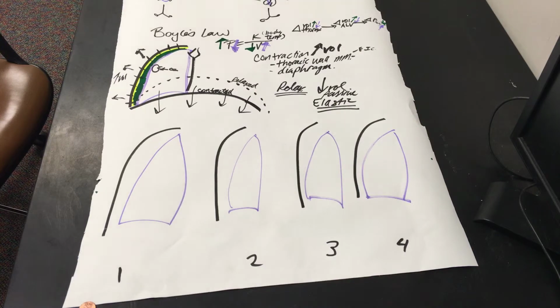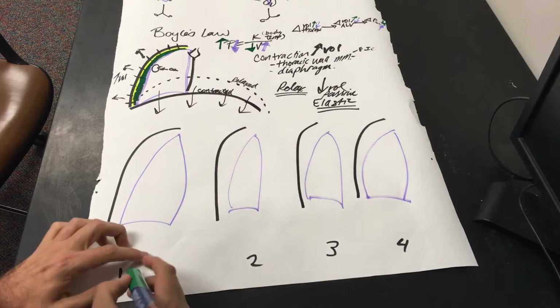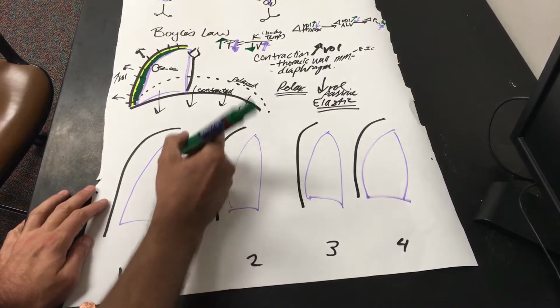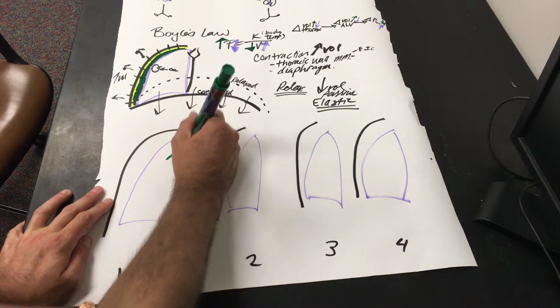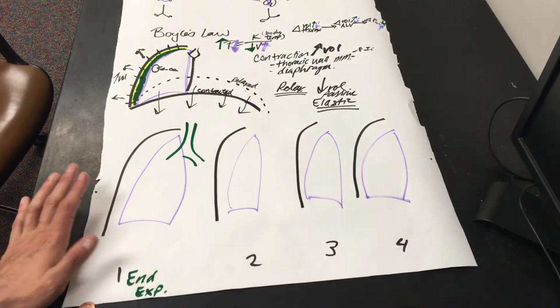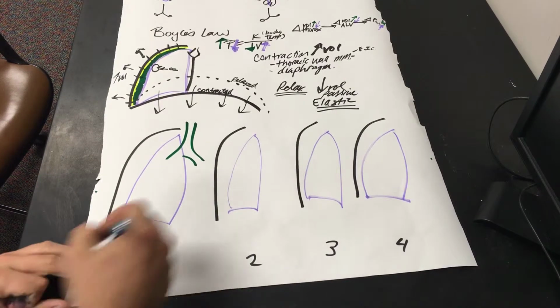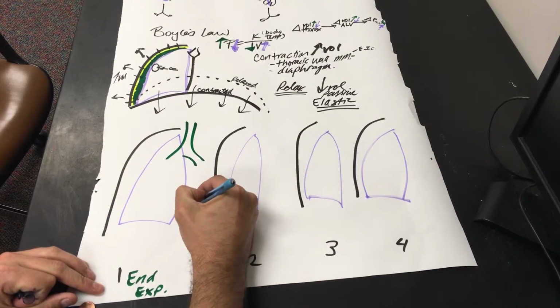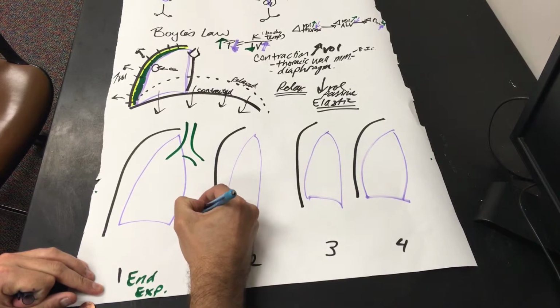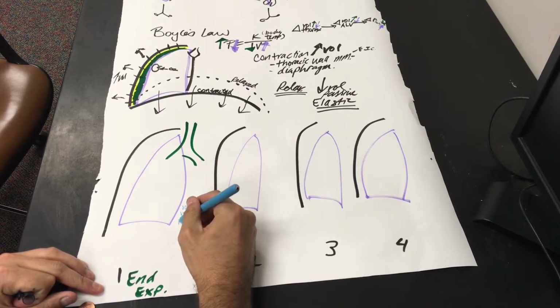So number one, as you remember from the book, is end of expiration. And the trachea comes down. What I like to list on these when I'm doing this is volume of the thorax, volume of the alveoli, pressure of the alveoli.